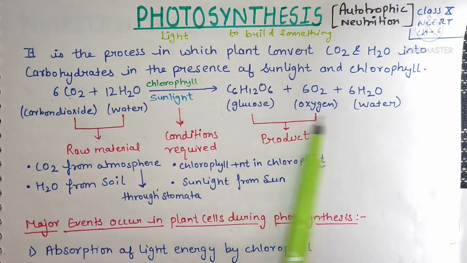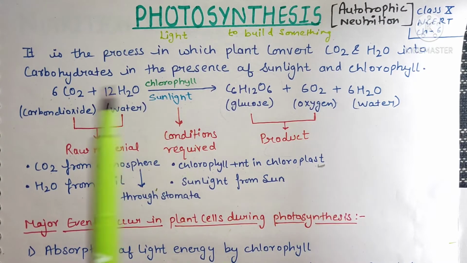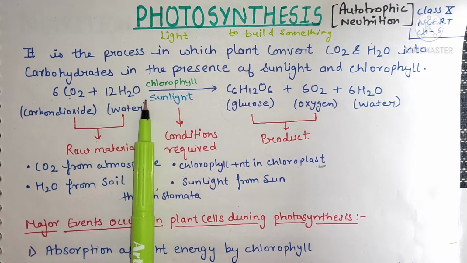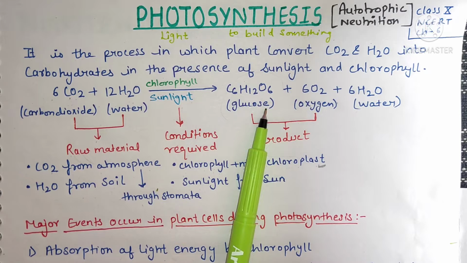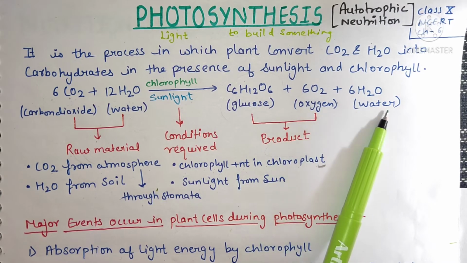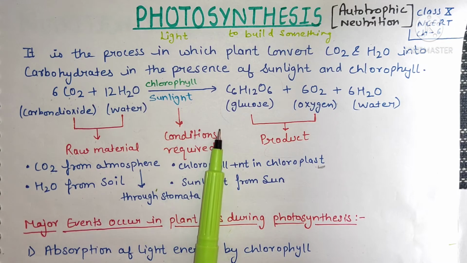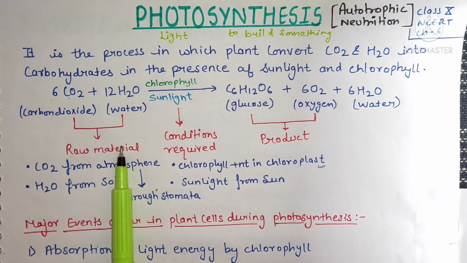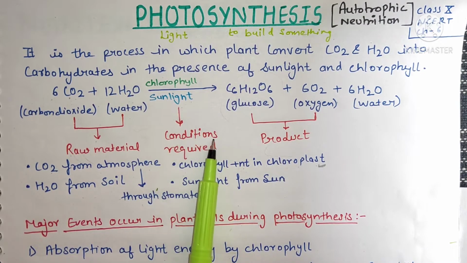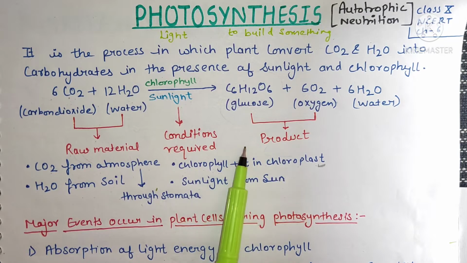And here is its reaction, the photosynthetic reaction: carbon dioxide plus water, in the presence of chlorophyll and sunlight, gives glucose, oxygen and water. Sometimes in 1 or 2 mark questions, it is asked what the raw materials for photosynthesis are, what conditions are required for photosynthesis, and what the products of photosynthesis are.